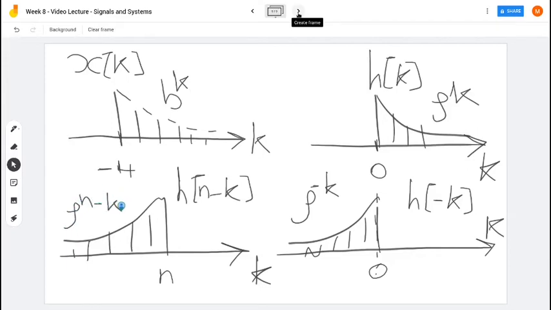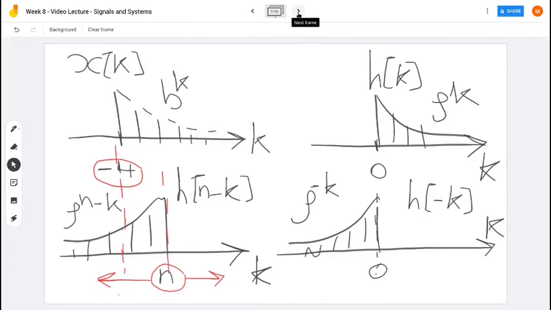Now if we start to change the value of n from minus infinity to positive infinity, we can get the convolution result. If n is less than minus 4, there will be no overlap and the result will be 0. If n is larger than or equal to minus 4, we will get some overlap from k equal minus 4 up to n.